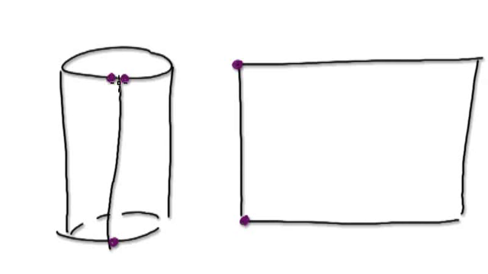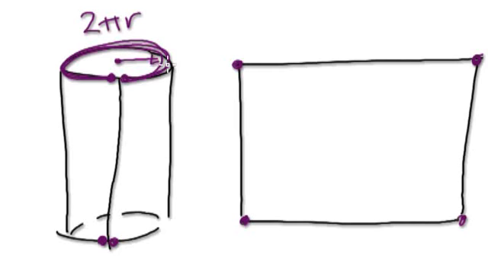This is the end of the other side of where we just cut it. So the distance around here is really the circumference of the circle, which is 2 pi r. Remember, r is the radius here. So this length here must also be 2 pi r.